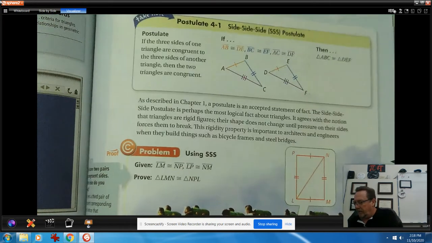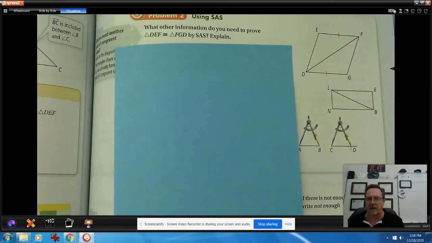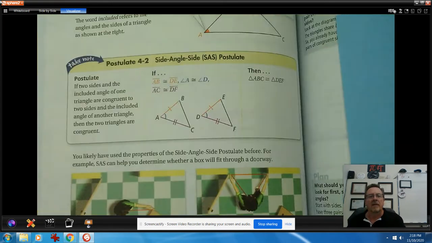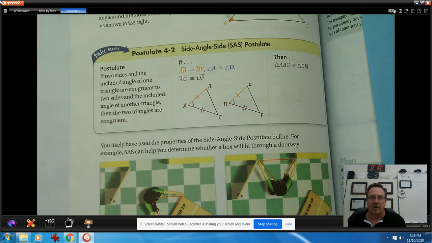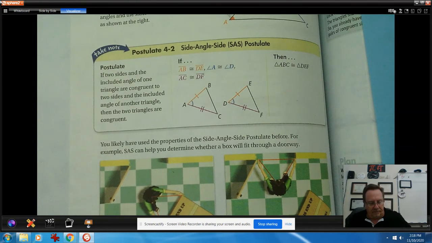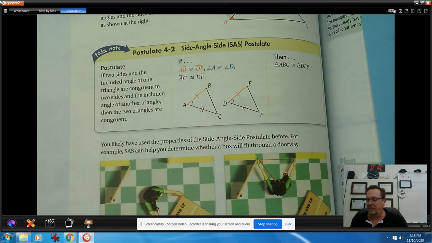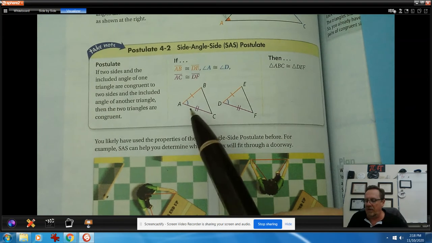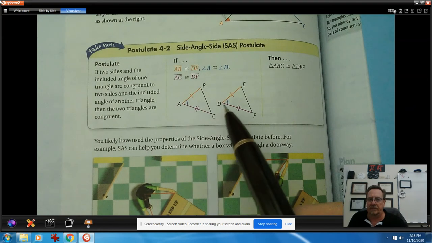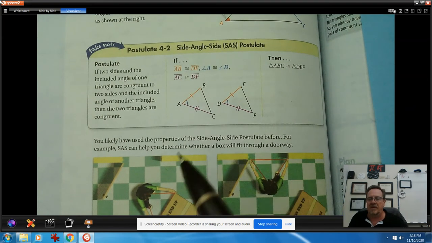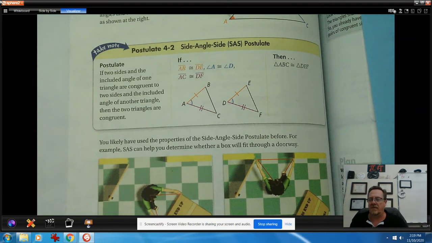Now, the second shortcut that we're talking about is called side, angle, side. This is important because there is what's called an included angle, and that's the angle that's between the sides.